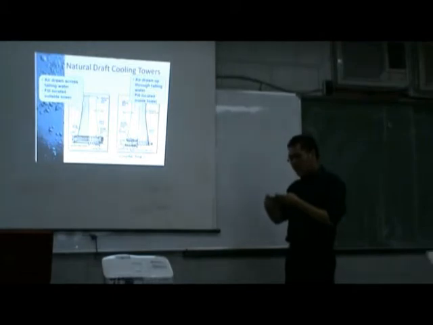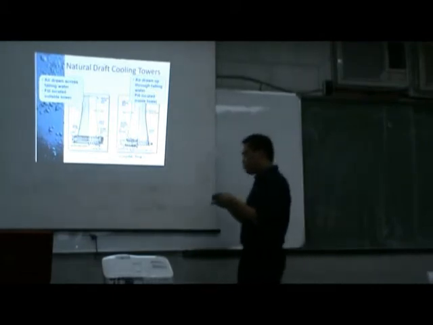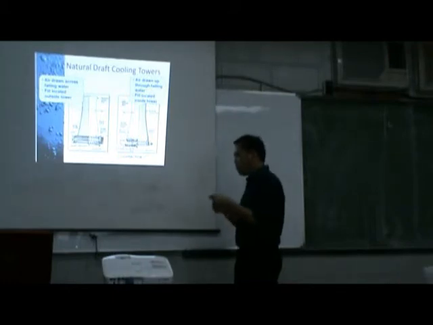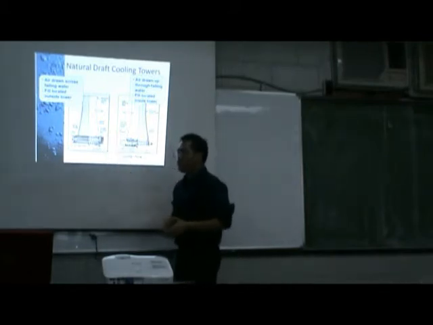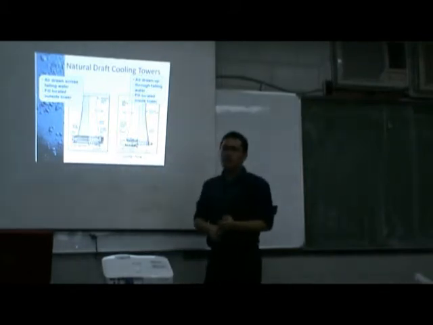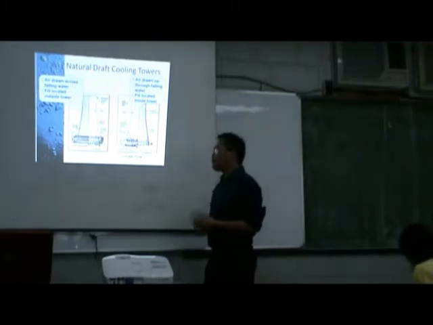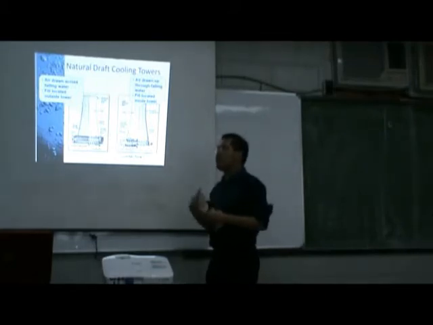In the cross-flow tower, air is drawn across falling water and the fill is located outside the tower. In the cross-flow cooling tower, there's the use of louvers, which help equalize the distribution of air towards the fill and also the water.